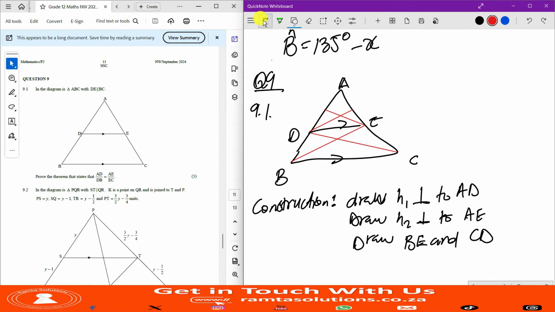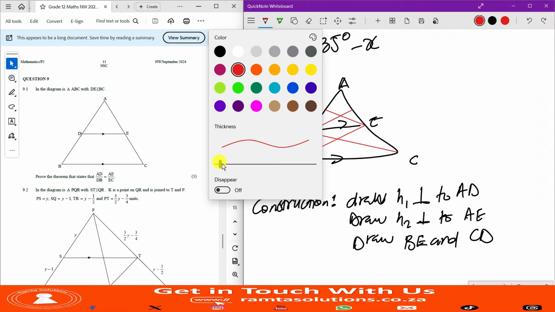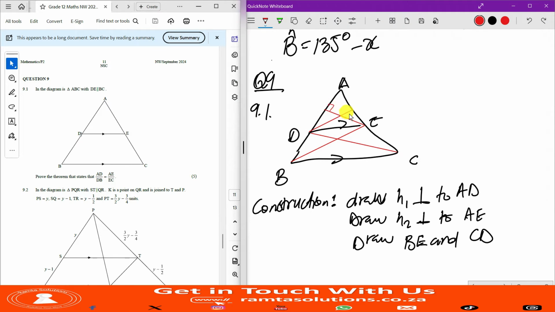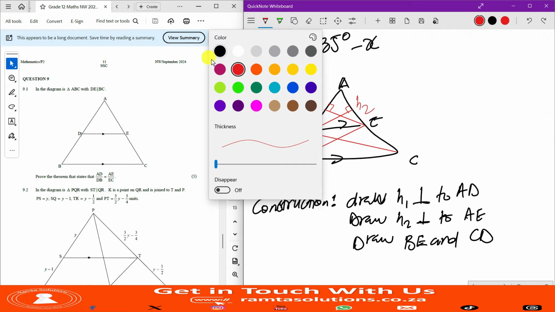Just to make sure: perpendicular. I'm going to call this one H1, and this one H2. Now let me go back to my font size.